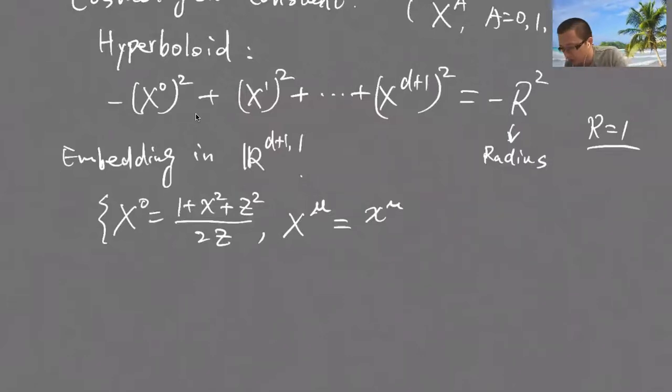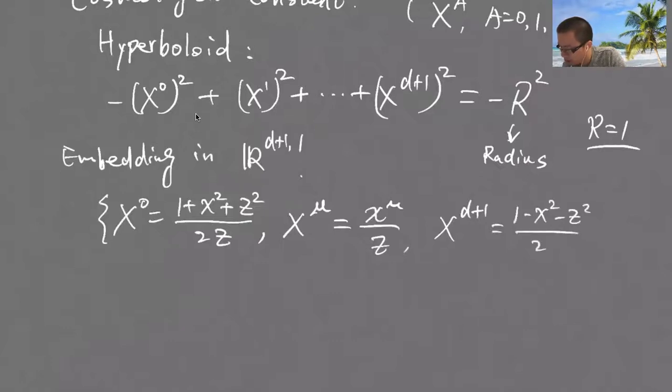So the little x and the z form a d plus 1 dimensional space of the AdS d plus 1, and X_{d+1} is simply 1 minus x squared minus z squared over 2z.